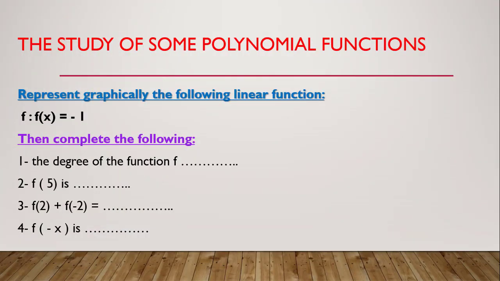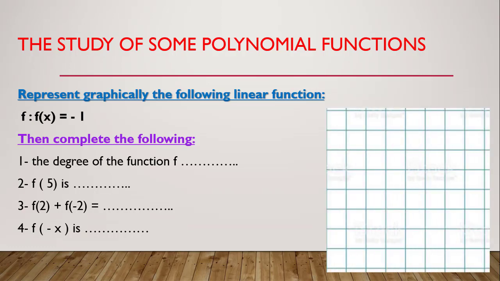Okay. Let's take this exercise. Represent graphically the following linear function. We have a function f of x equals -1. f of x equals constant. We said before, a constant function f of x equals -1 means a straight line parallel to x-axis because y is constant, and intersects y in a point 0 and -1.